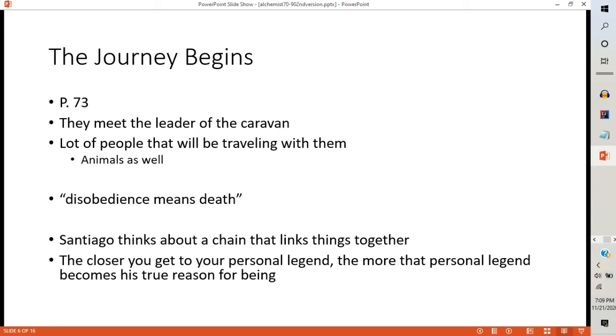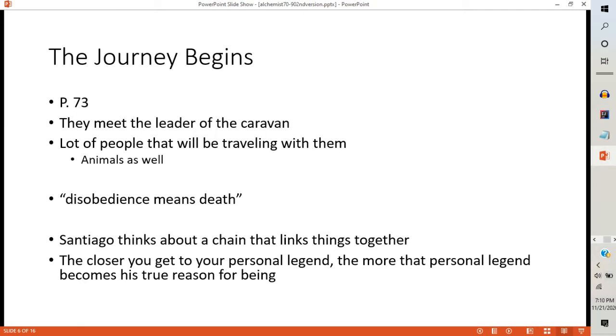So they start on the caravan. What do we know about the caravan? Journey begins. The caravan is a group of a lot of people, around 200 people and around 400 animals. Camels, horses, mules, fowl. And the leader of the caravan is explaining to him the rules of the desert.